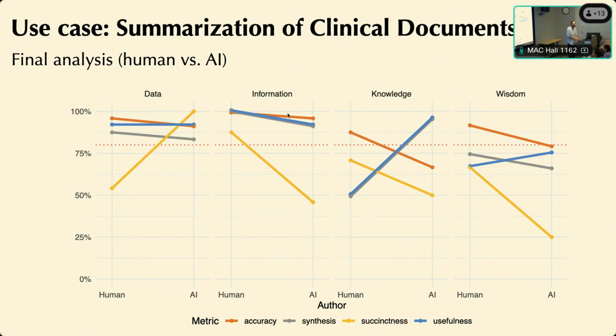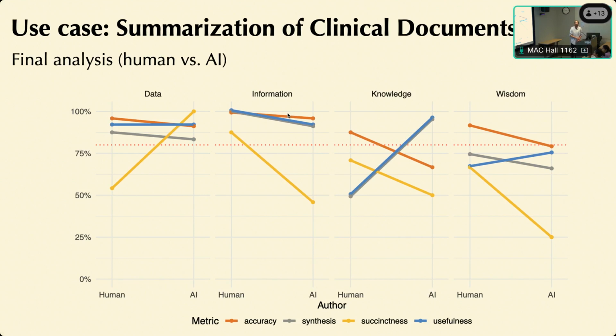And some of that comes down to less of a consensus among humans about what a good note should be, is kind of my takeaway for these kinds of notes. But we also do notice a pretty dramatic difference along most of the dimensions, especially the accuracy dimension and the succinctness dimension, where the AI was doing less of a good job in that regard.